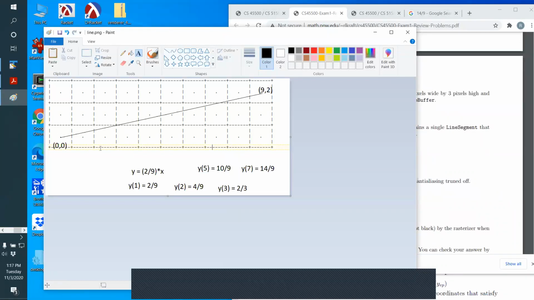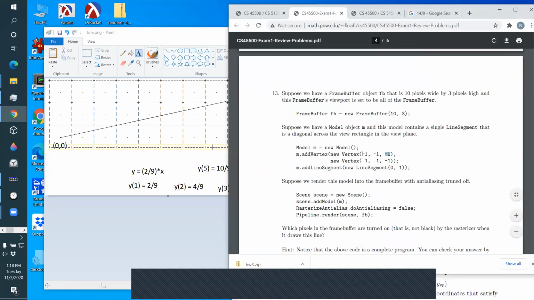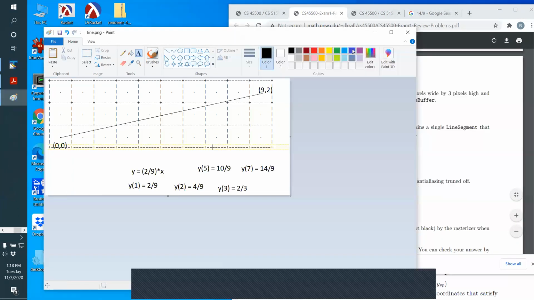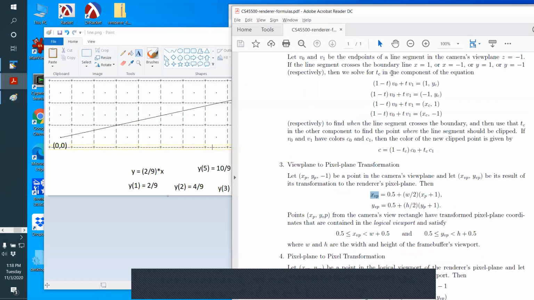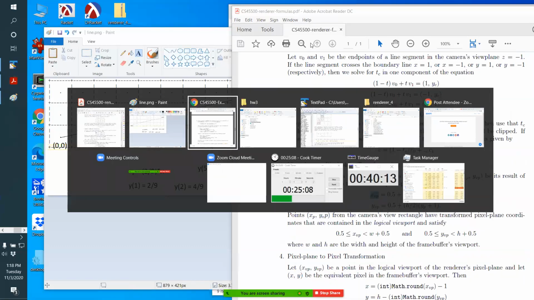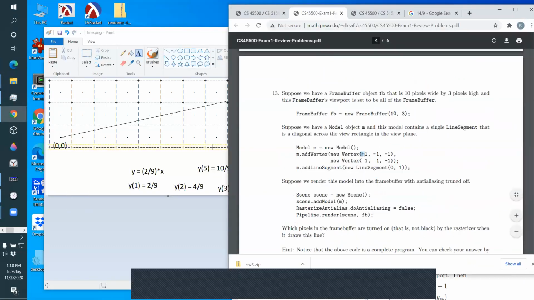The algorithm rounds the starting point to a logical pixel and it rounds the ending point to a logical pixel. Here I gave you a starting point and ending point that don't need to be rounded, but I did that on purpose. I could test that you could do the whole algorithm by asking you to do this problem where these points are not in the projection plane, and they don't project to logical pixels.